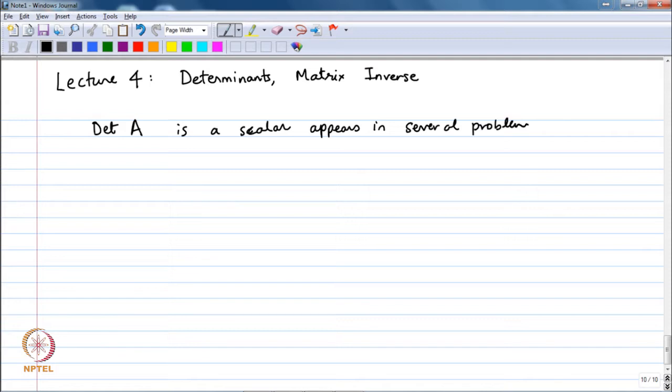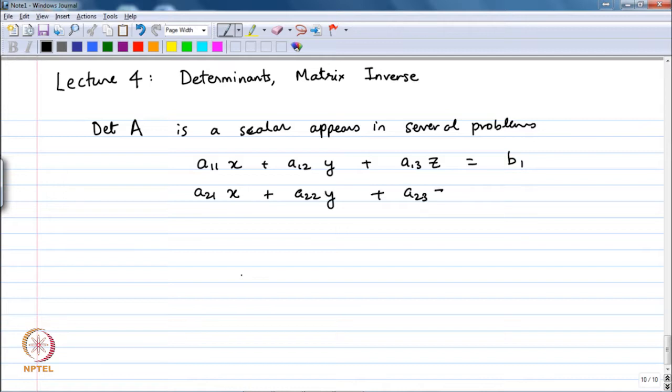For example, suppose you had a11 x plus a12 y plus a13 z equal to b1, a21 x plus a22 y plus a23 z equal to b2, a31 x plus a32 y plus a33 z equal to b3.